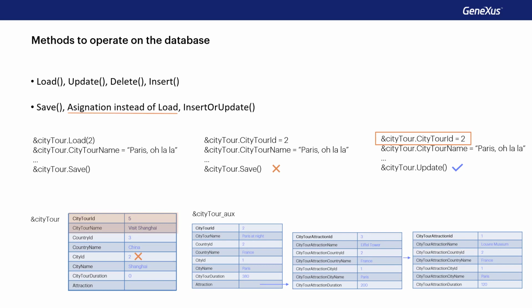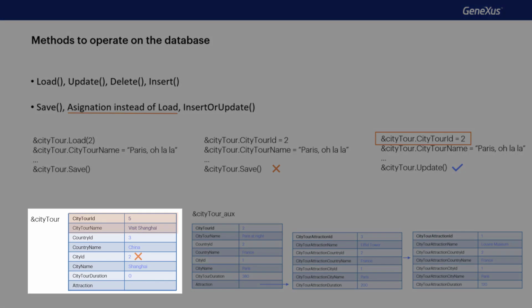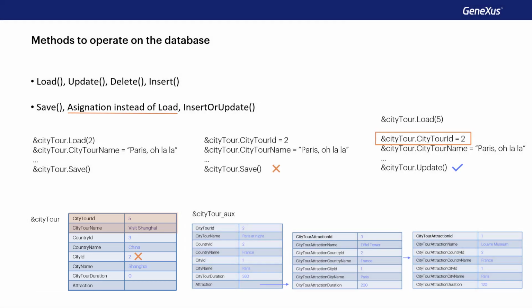The reason is that if the variable was in update mode because, for example, it had been used before, suppose that it had been loaded with the city tour 5 that only has a header. Then, if we aren't careful, we can leave junk values that come from just that previous use.